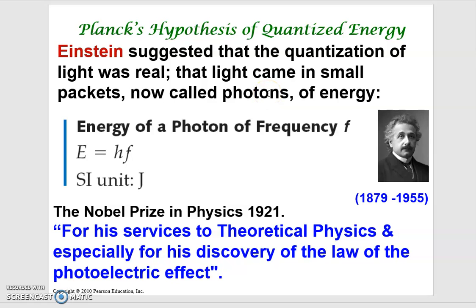So now light can be quantized, and the quantum of light is the photon, which is the particle of light. The energy carried by this photon depends on the frequency of the light, and the energy is now HF.